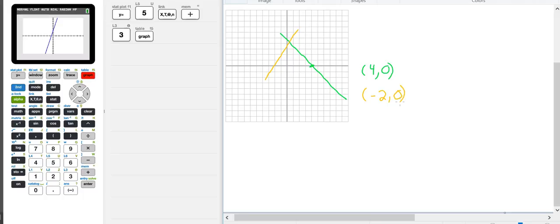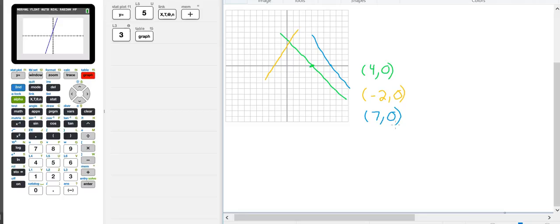And let's graph one more. The coordinates of the x-intercept of this line are (7, 0). If you notice, for any line that we graph, the y-coordinate of the x-intercept is always going to be 0.